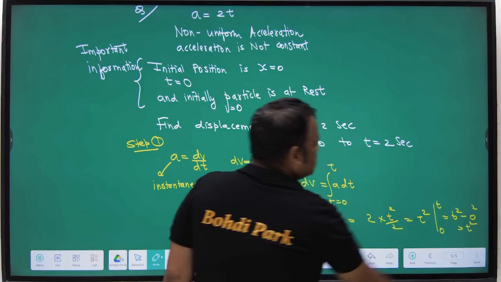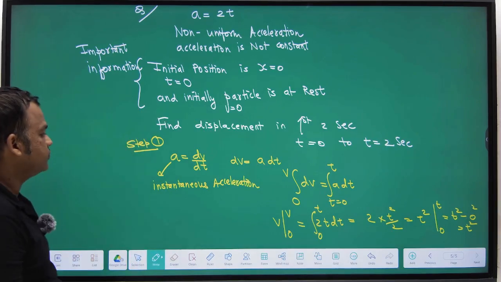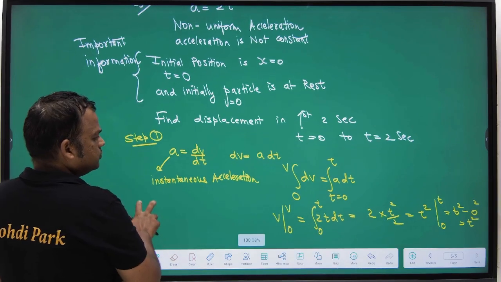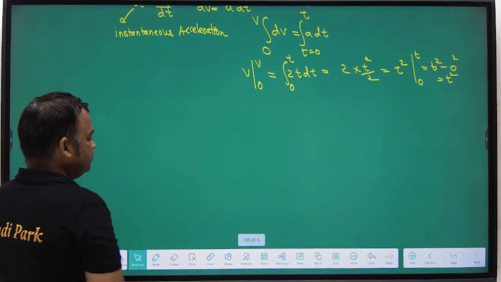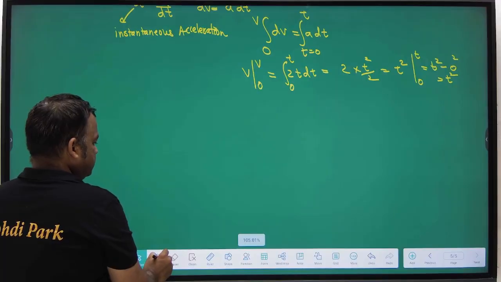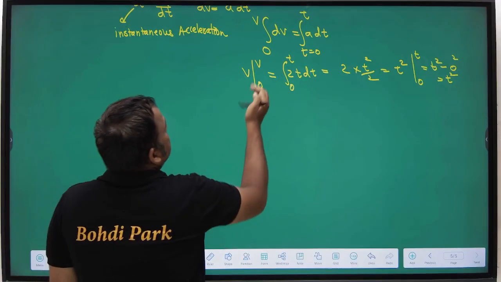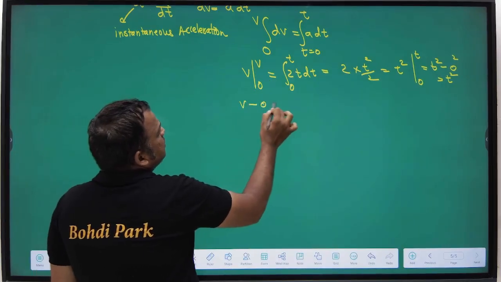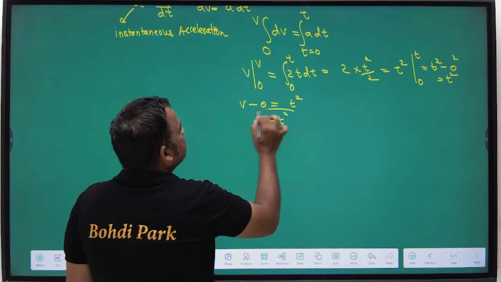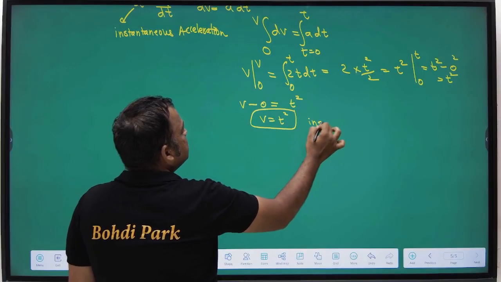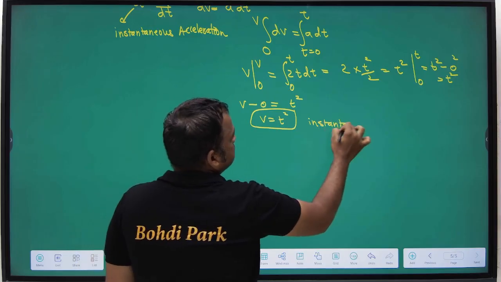So basically it is t square. On the left hand side, we are getting v minus 0, so that is equal to t square. So v is equal to t square. So this is known as instantaneous velocity.